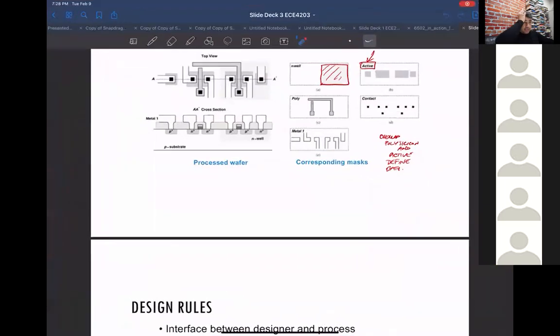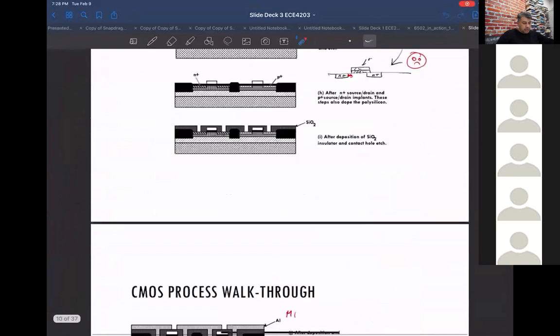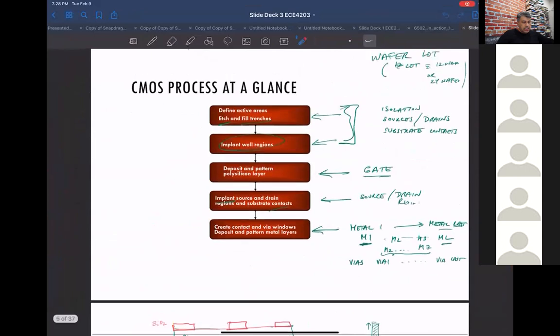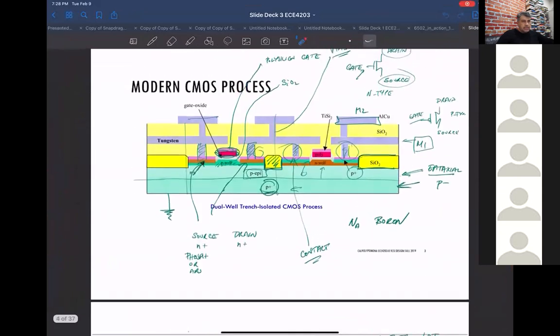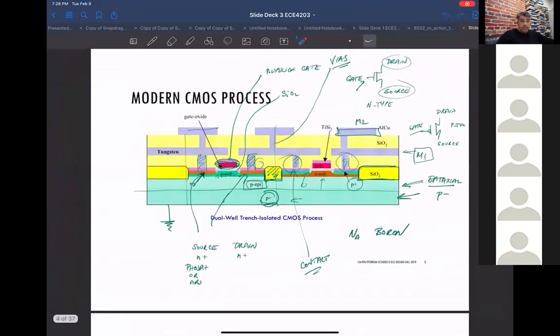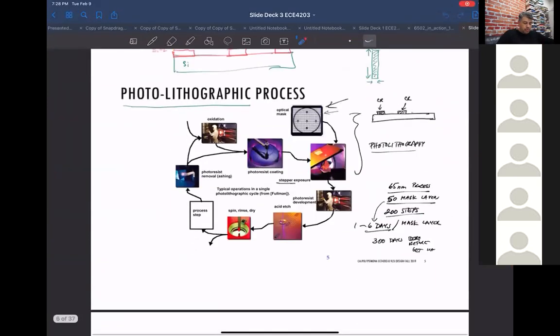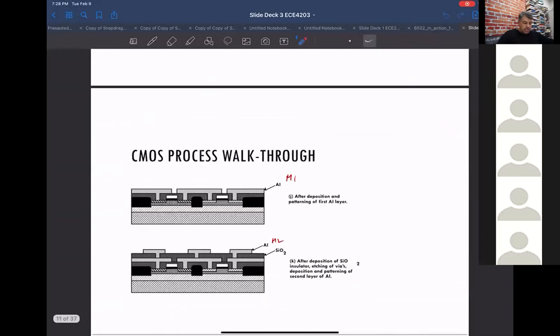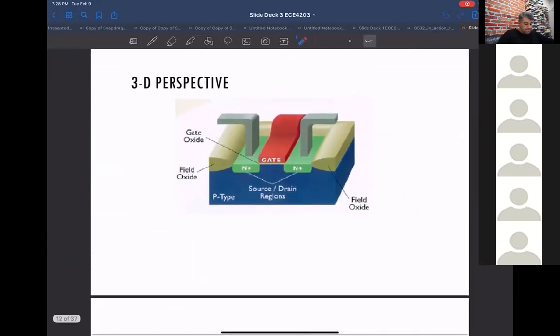Okay. All right. So guys, this is where we left off, which was slide deck 3. What we went through was how the CMOS process is a step-by-step process where the manufacturing plant builds up various layers until you get the full process, which has transistors and the connections between those transistors.